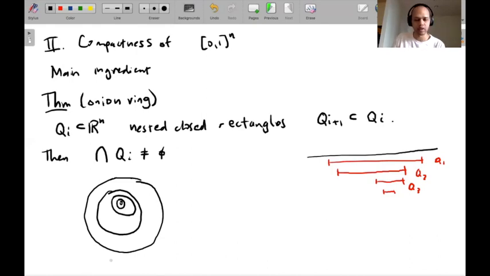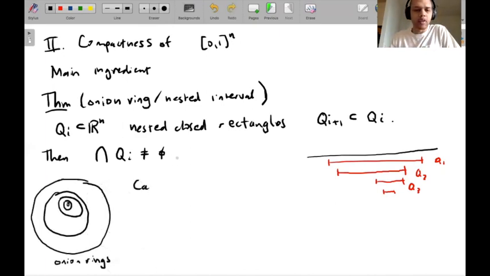Okay, so these are the onion rings. Another name for this theorem is the nested interval theorem, but I think onion has a nice ring to it.